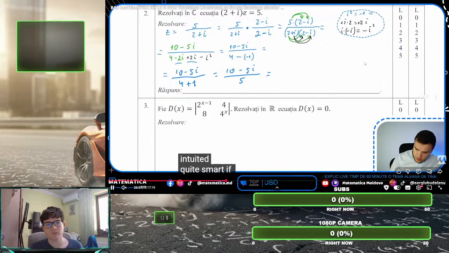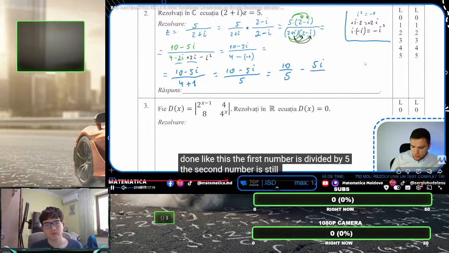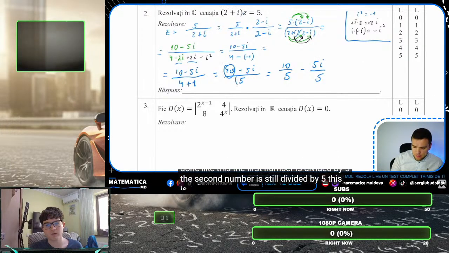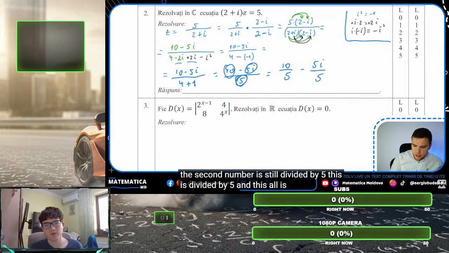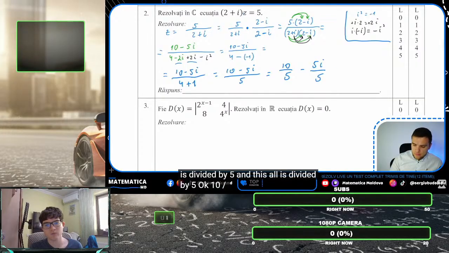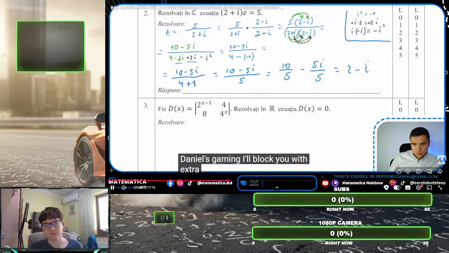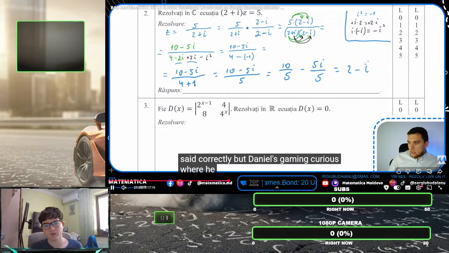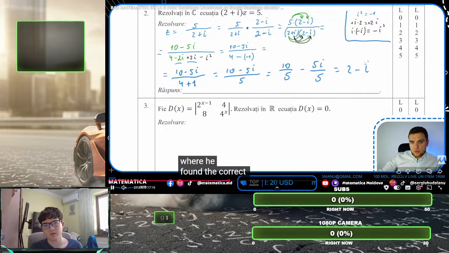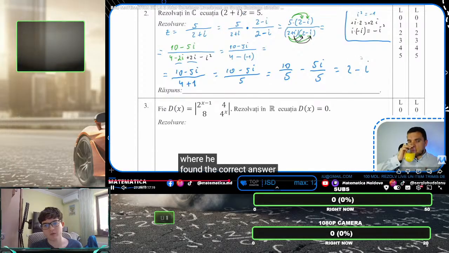And now we're gonna split this equation. So we're gonna have (10 minus 5i) divided by 5, and he says that's 2 minus i. Yeah, because the 5 simplifies. 2 minus i.